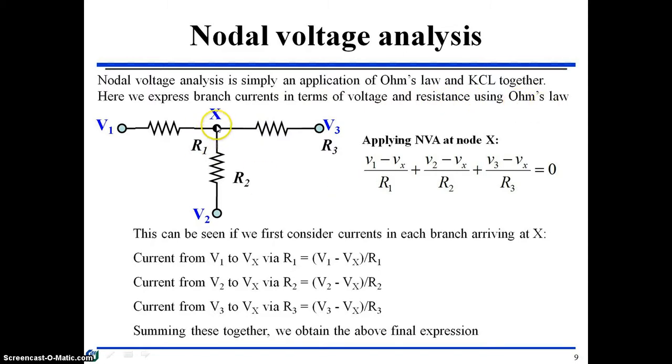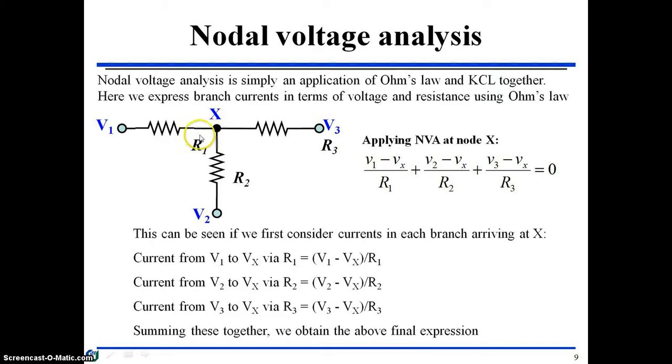We already said what a node is. By means of Kirchhoff's current law, across the node the sum of the currents will always be 0. So we want to know the current at the node Vx, that is, the node X. It is (V1 minus Vx) divided by R1 plus (V2 minus Vx) divided by R2 plus (V3 minus Vx) divided by R3 equals 0.